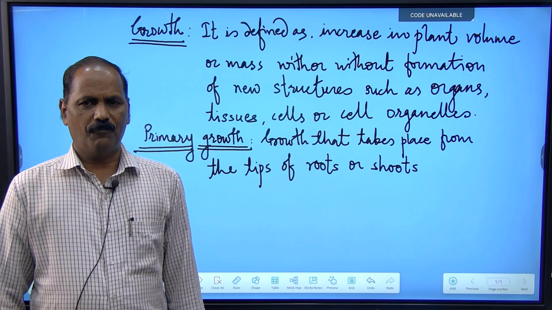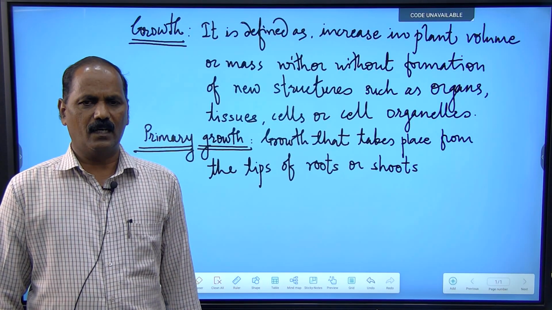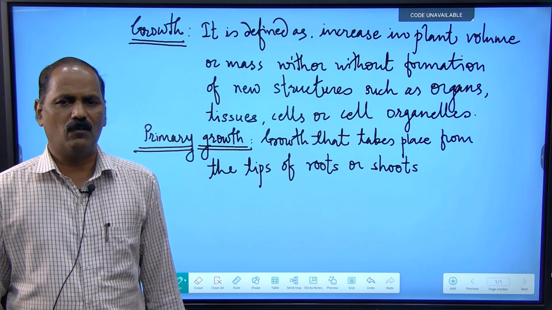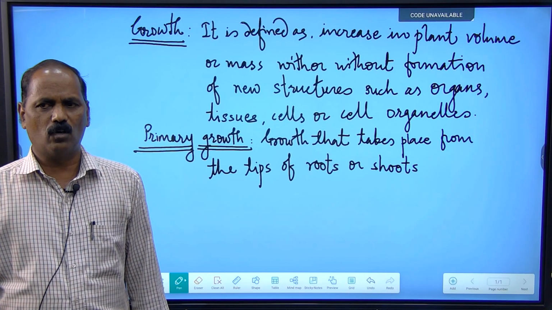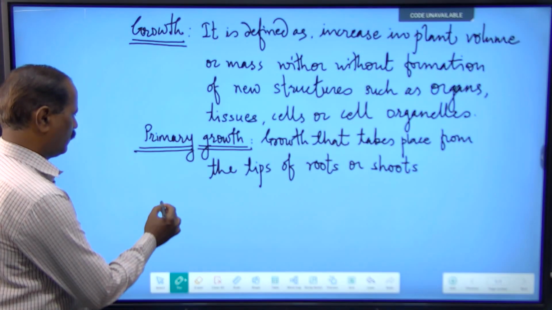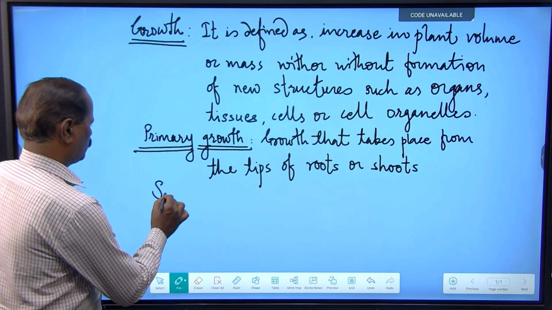If we are interested in studying the primary and secondary structures, we should know what exactly is the normal secondary growth, and then we will go for the abnormal secondary growth. Now here I will try to show you the secondary growth.